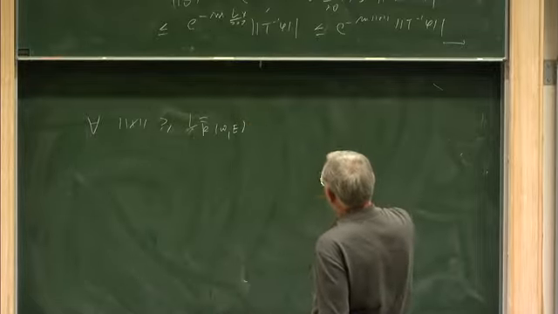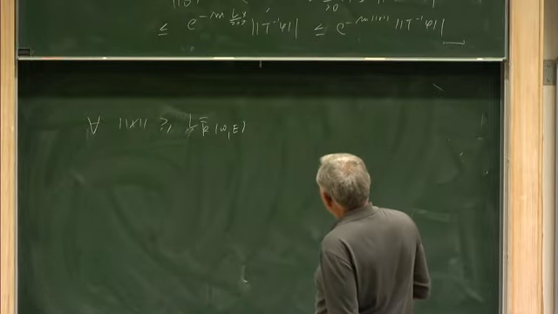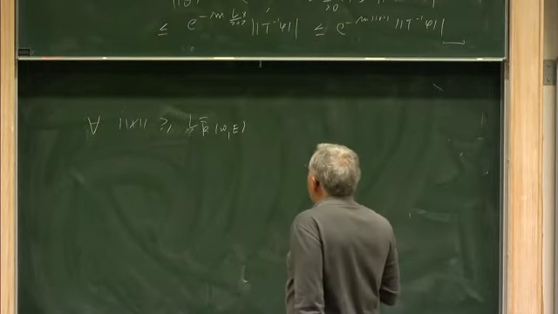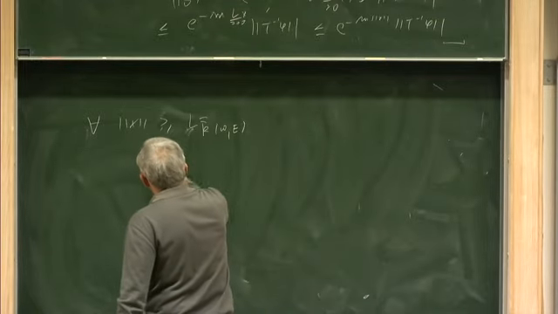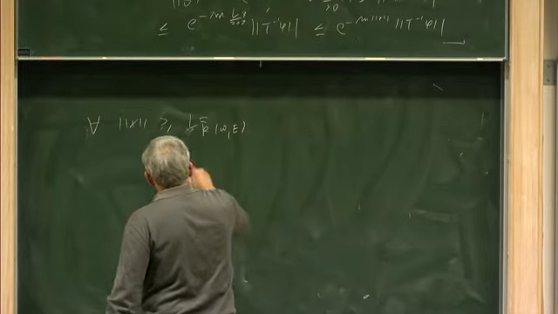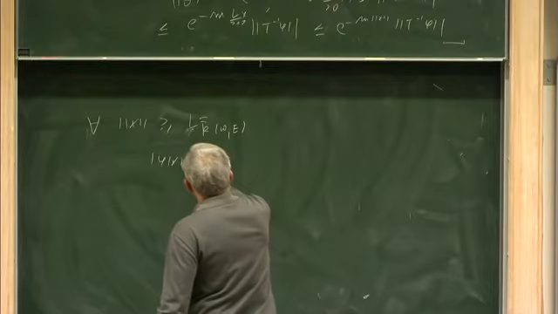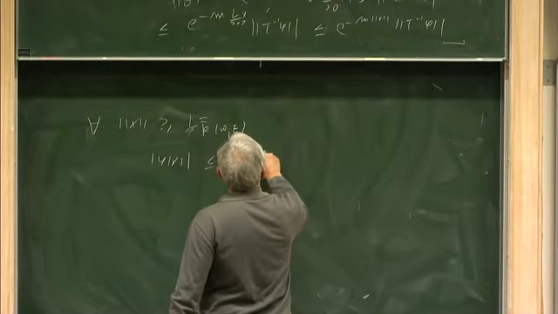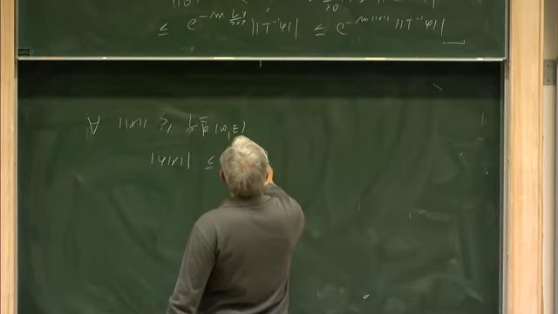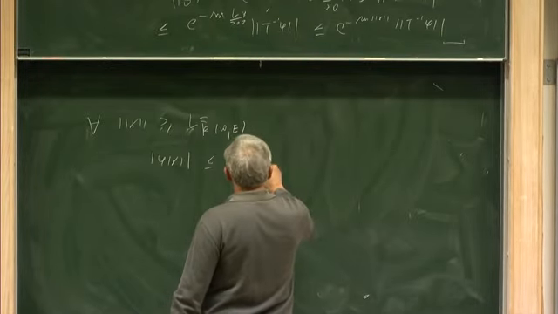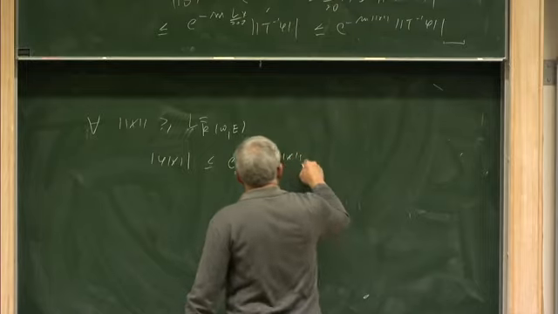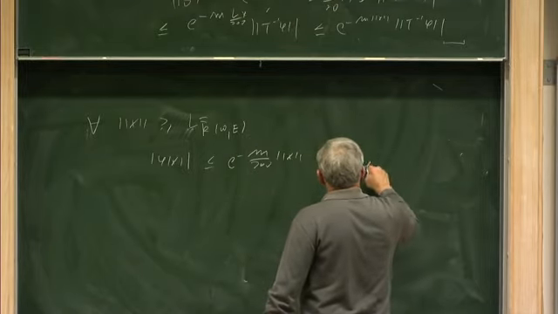It didn't depend on phi, it only depended on the eigenvalue. I have that phi of x is less than or equal to e to the, what did I say, 200, right? Times this.